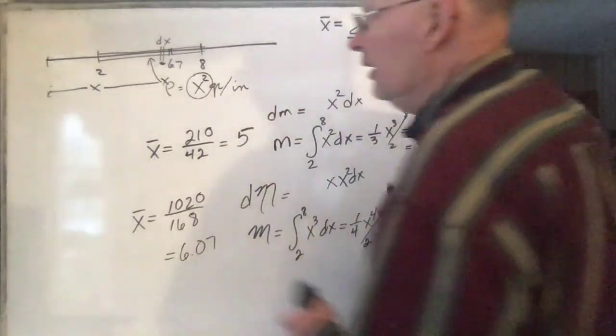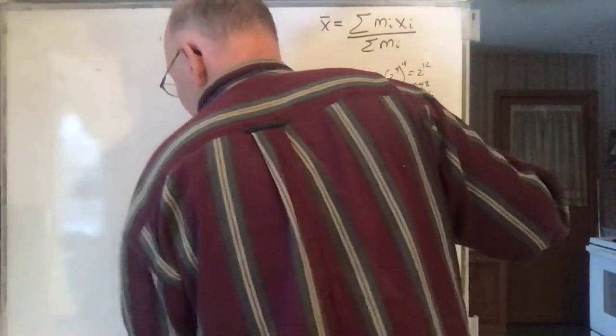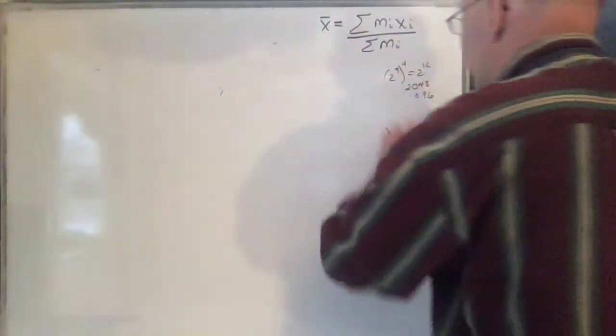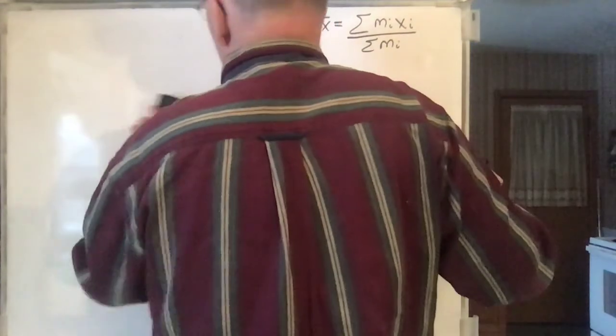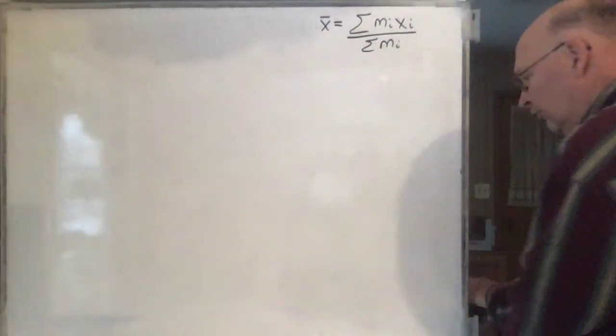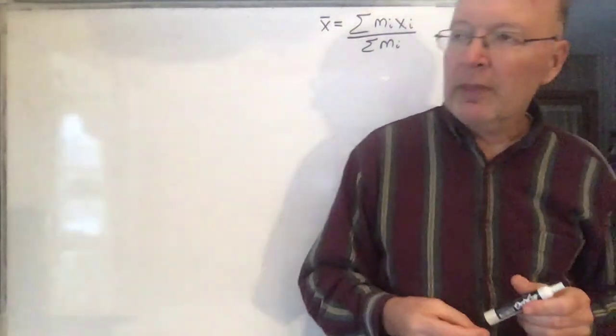Let's try one more. Let's jump from 1 dimension to 2 dimensions. And you can do quite a bit with this. The reason I decided to do this is because it's not quite as intuitive as working with volumes and surface areas and so on, but it's very, very useful.